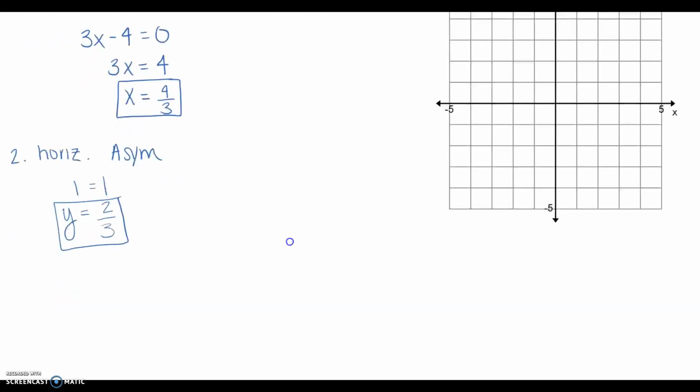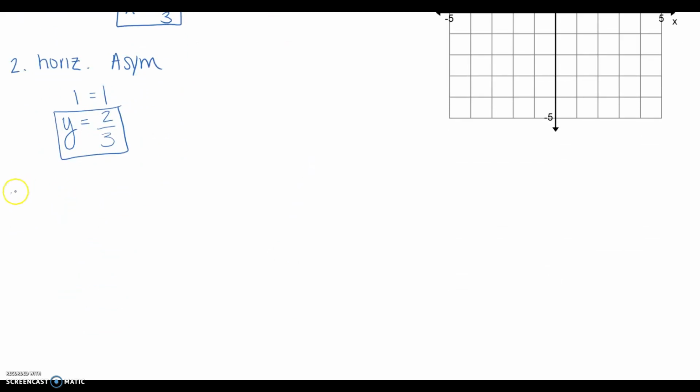The third thing we need to do is determine any x-intercepts and any y-intercepts. So for x-intercepts, remember we need to set our whole equation equal to 0. So we'll have 0 equals 2x plus 1 all over 3x minus 4.